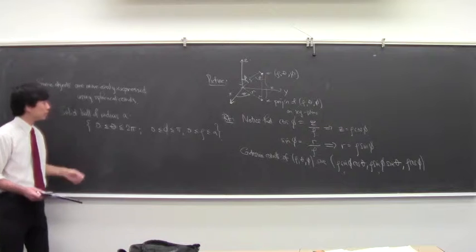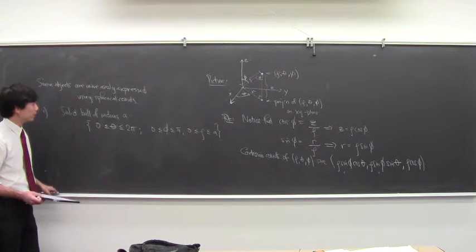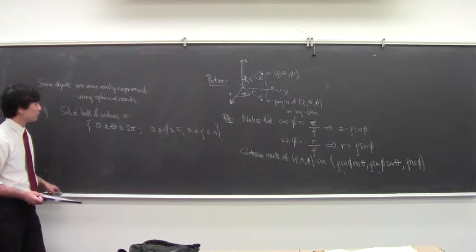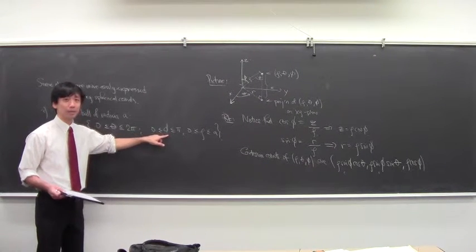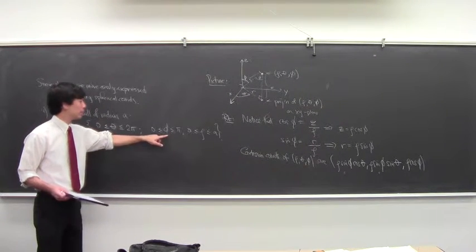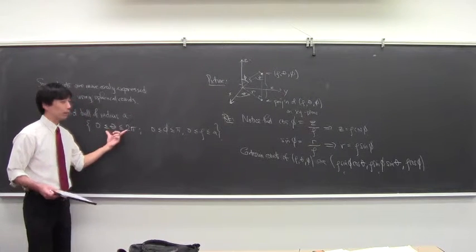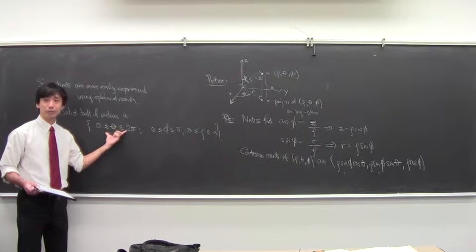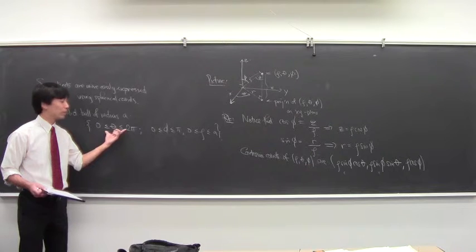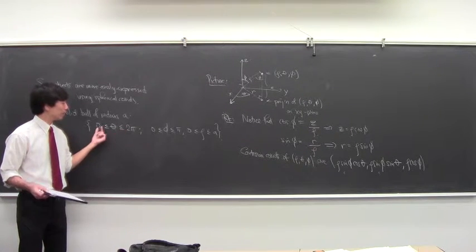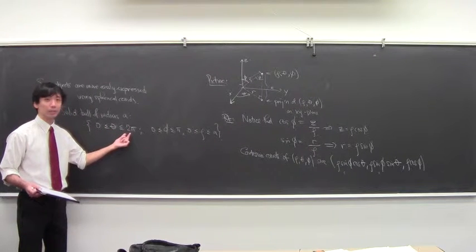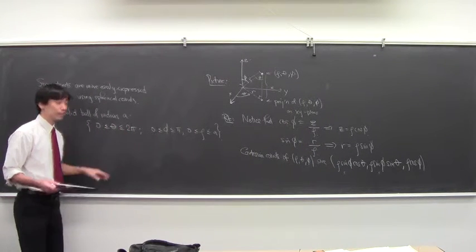You could, I suppose, do this in a different way. You could let phi range from 0 to 2 pi, but if you went all the way around, you'd cover it twice. So you'd get two solid spheres on top of each other. So you have to make this one from 0 to pi to compensate for that. Okay, clear enough.